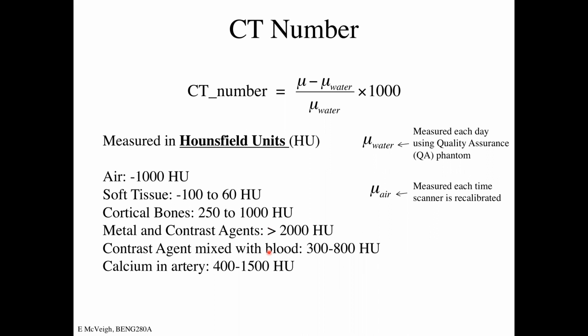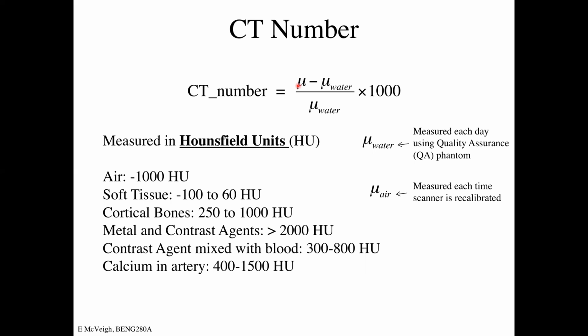We need to scale it to some kind of integer value that we can display on our very elementary digital display unit. And so what was done is the mu values were scaled with respect to the mu value of water. For our system, we will image what the value is we get for water. We will image what the value is we get from air.